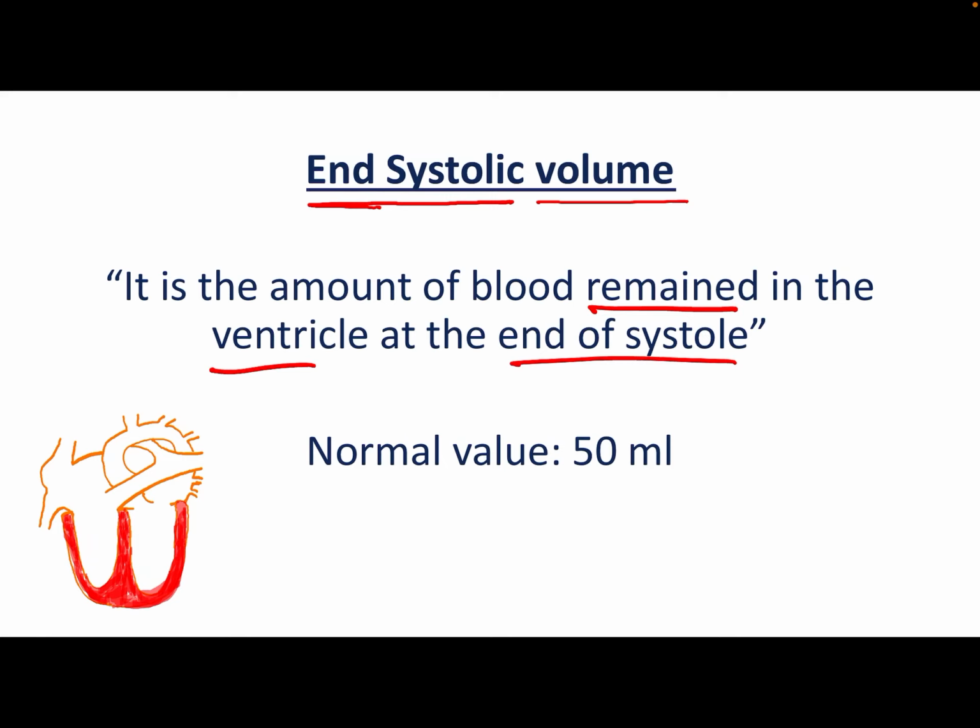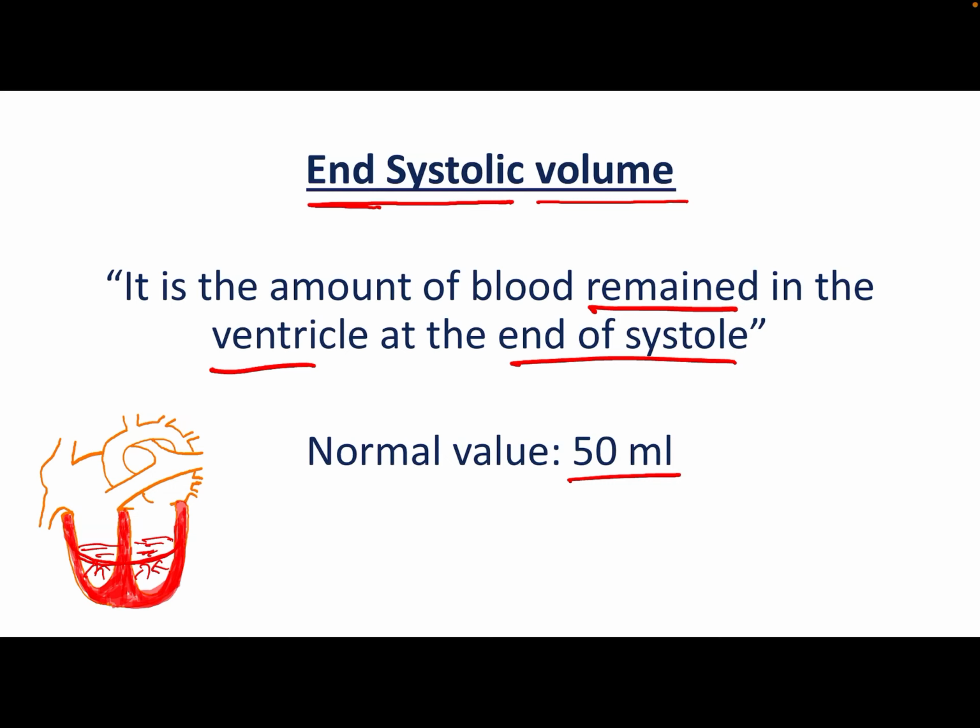At the end of the slow ejection phase, there is contraction of the ventricles. At this phase, the amount of blood which remains in the ventricle is called the end systolic volume. The normal value is 50 ml.